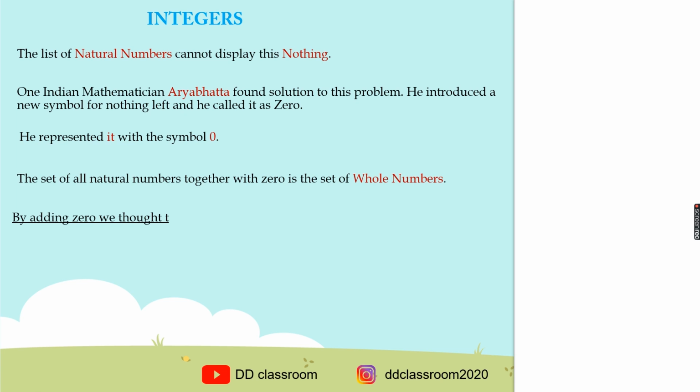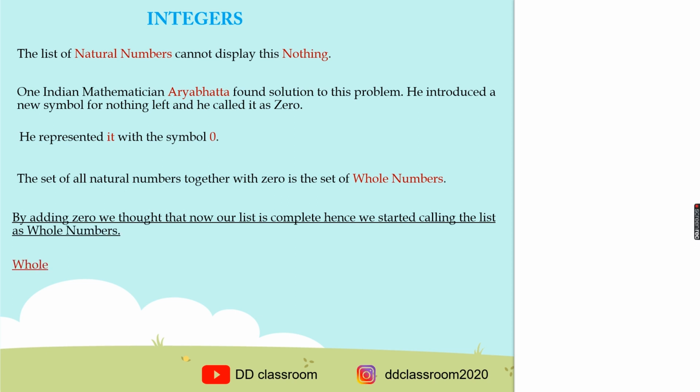By adding 0, we thought that now our list is complete. Hence, we started calling the list as whole numbers. Whole numbers like 0, 1, 2, 3, 4, 100, 1000, 10 crore, this list never ends.